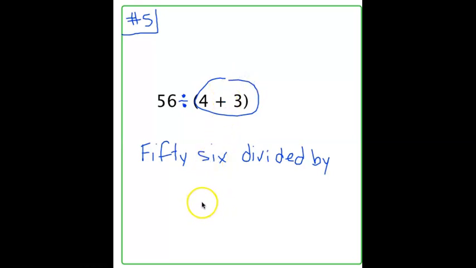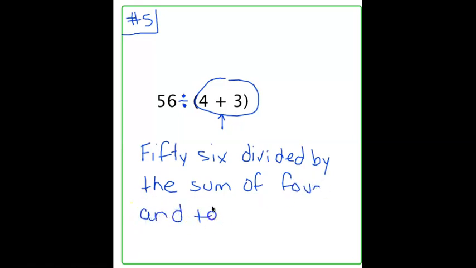We don't have to say the word parentheses, but what are we trying to get at right here? The sum. Divided by the sum of 4 and 3. There you go. This would be the answer. 56 divided by the sum of 4 and 3.